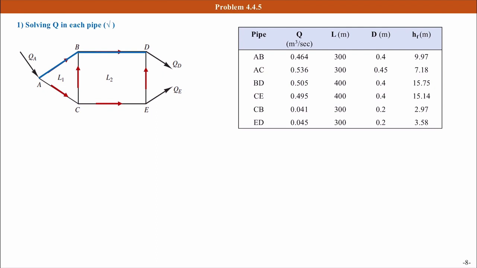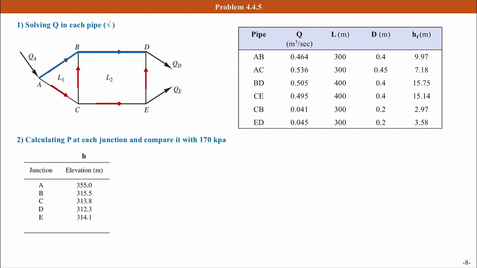The table on the right-hand side summarizes the values, based on our calculation, that represent the flow rate and the friction loss in each pipe. Therefore, the first problem, solving the flow rate in each pipe, has been solved.